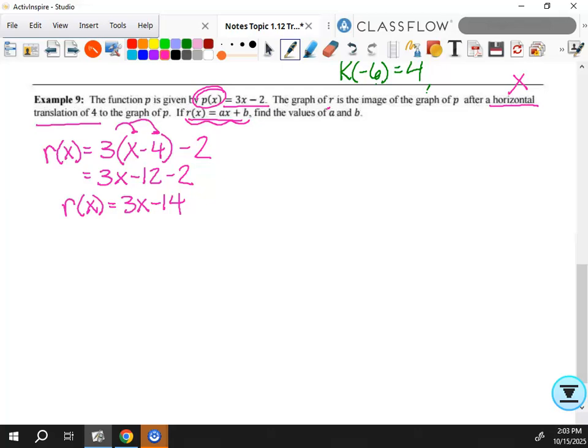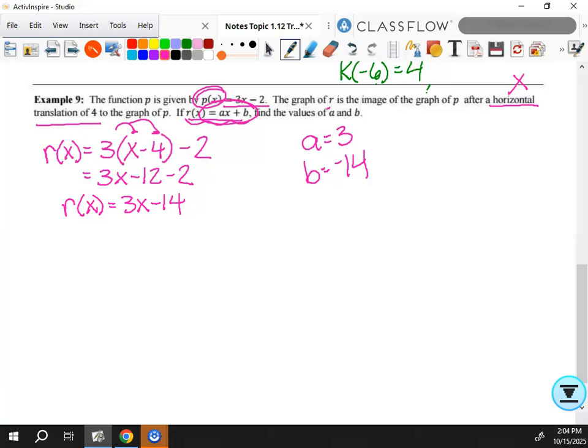Then again, they gave me the generic, and this time my vertical shift is B instead of C like it was on the others, but that doesn't matter. I just pull them right out of my equation. A is equal to 3, B is equal to negative 14. Questions? Anything? We all good?